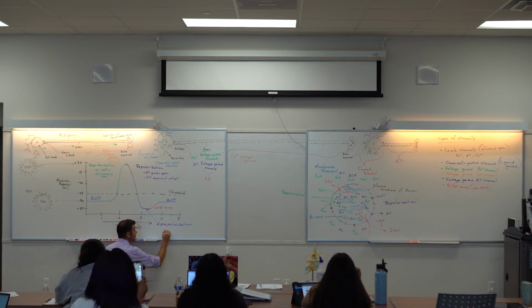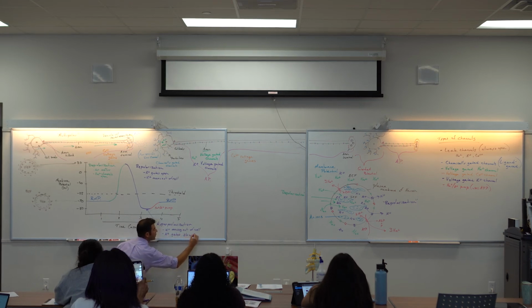Hyperpolarization is actually due to potassium ions moving out of the cell. And the reason these potassium ions are still moving out of the cell here is because these potassium gates are slow to close.